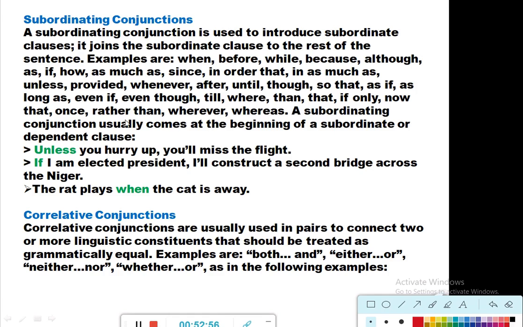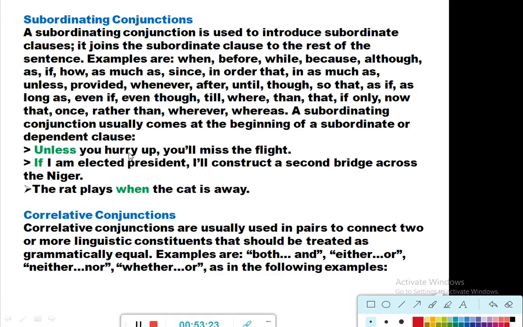A subordinating conjunction usually comes at the beginning of a subordinate or dependent clause. For example, unless you hurry up, you will miss the flight. We can reconstruct the sentence and begin with, you will miss the flight unless you hurry up. So unless begins the subordinate clause.